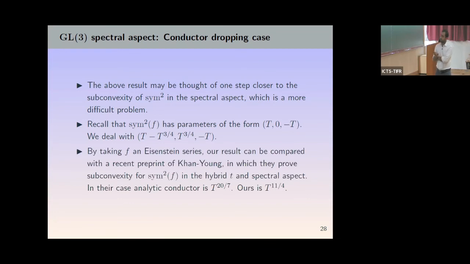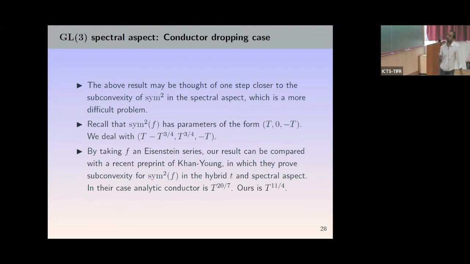There is a recent result of Khan and Young, where they obtain subconvexity for Sym square F in the hybrid aspect. They vary T and also the spectral parameters. In their case, the analytic conductor is T to the power 20/7.